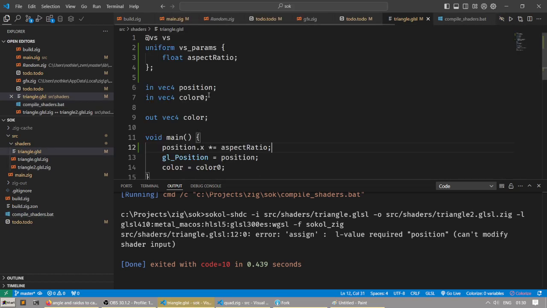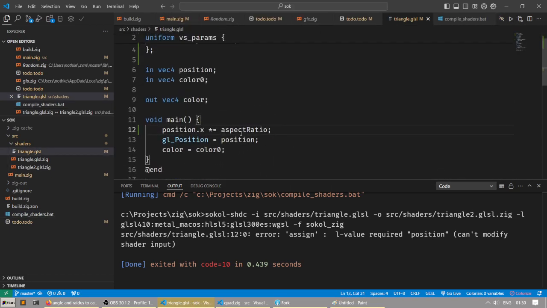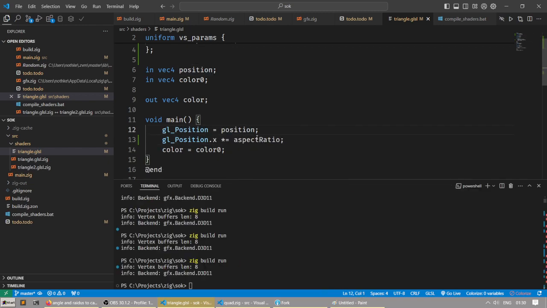Okay, we cannot modify the shader input, so we are gonna just add it here. But yes, I need to actually modify. Can I modify the output like this? Just put a GL position here, .x.